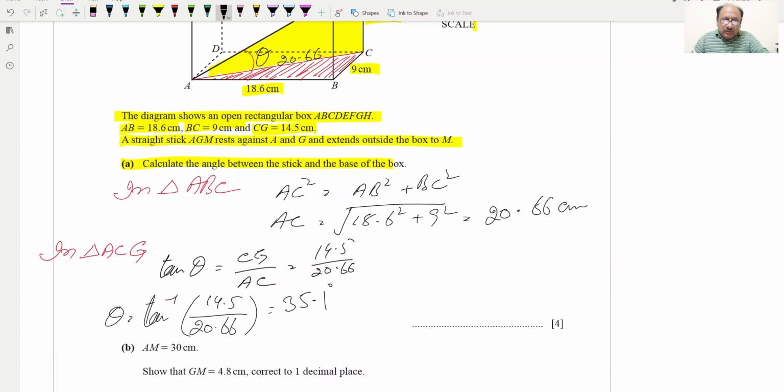So 35.1 is basically the angle required, which we can write as the proper answer here.